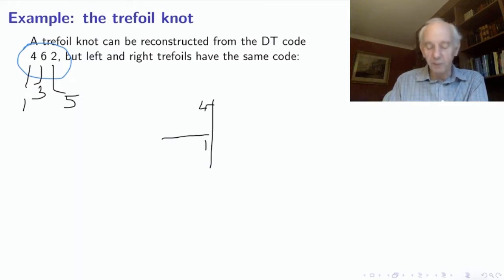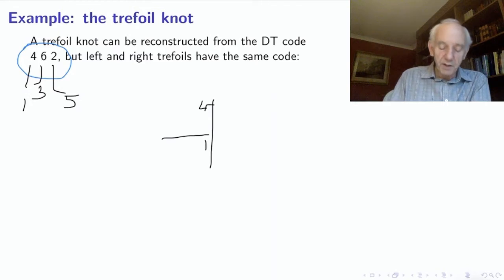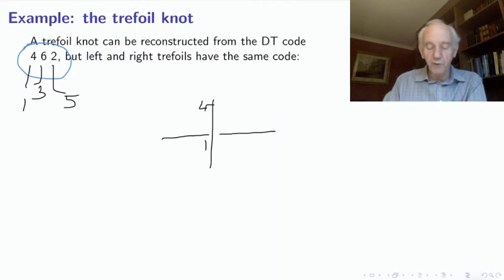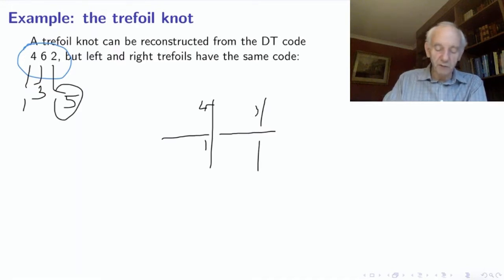Well, the crossing will be labelled 4, I should say. So I just put a 4 at the top for the moment. And then we go on to crossing number 2, and that arises as an overpass of some arc in which the same crossing will be labelled number 5.